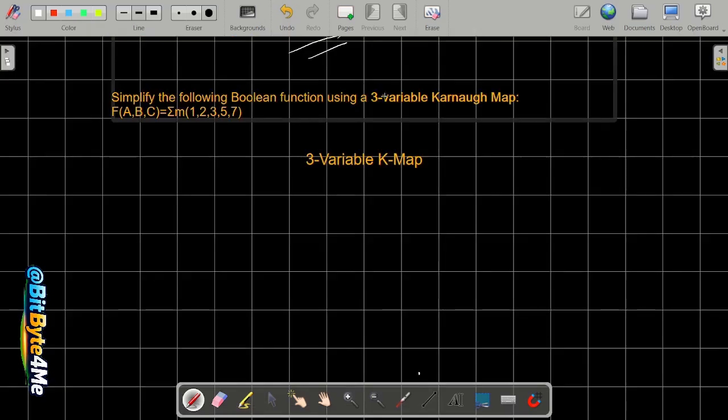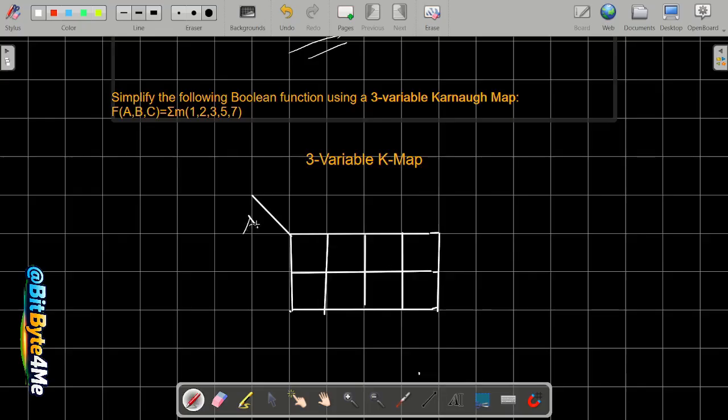So similarly we will try to solve this next. Simplify the following Boolean function of three variable Karnaugh map. So we will make a three variable Karnaugh map. For making this we need 8 boxes, and for 8 boxes we will draw this.